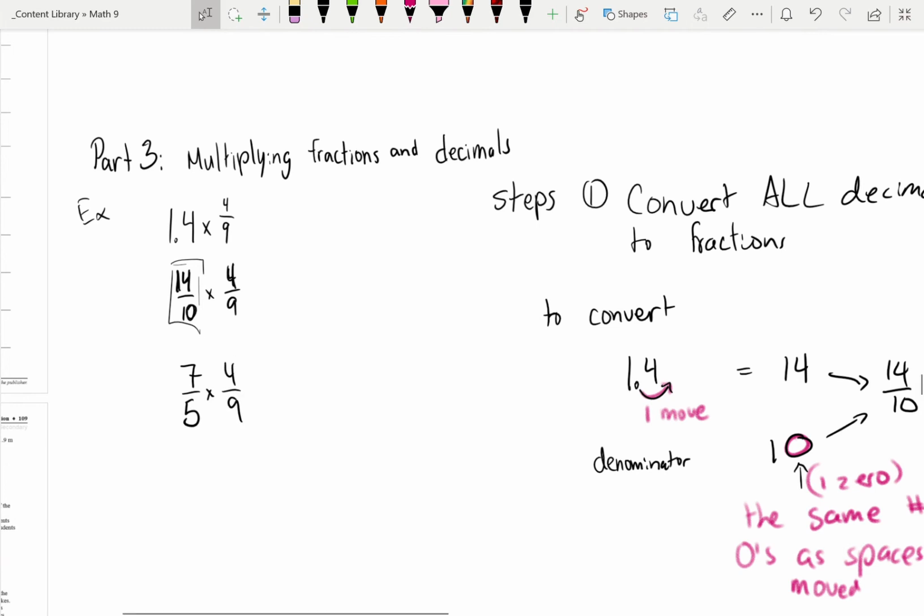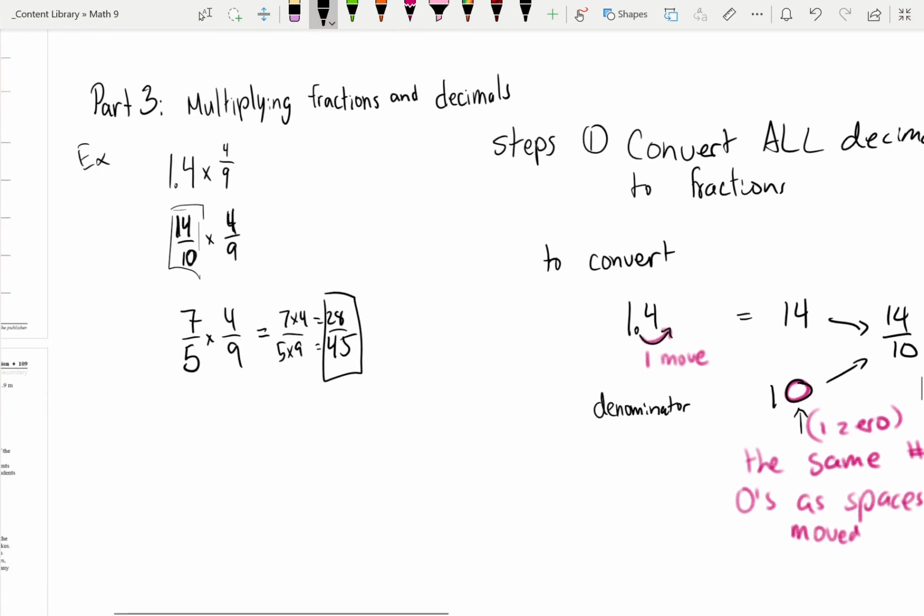And I can't do anything here, but I end up with 7 times 4 is equal to 28, and 5 times 9 is equal to 45. And then from here, I have my answer.